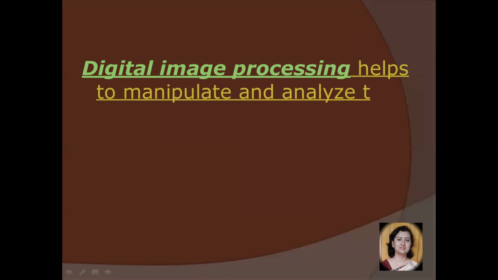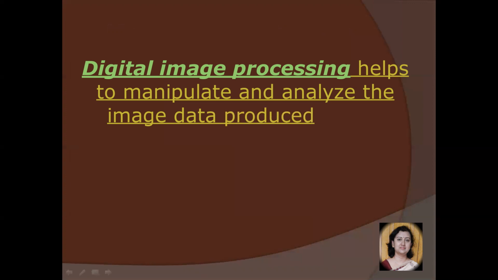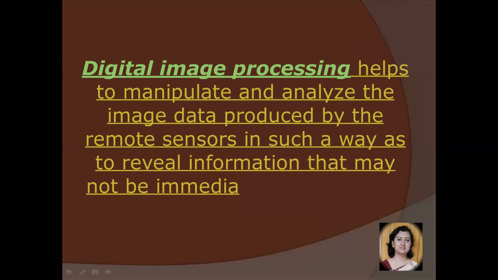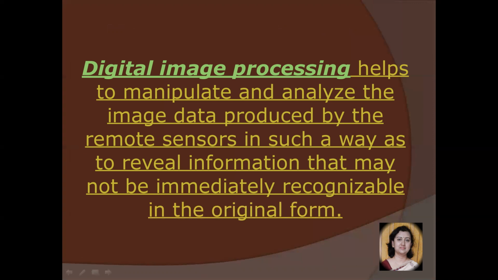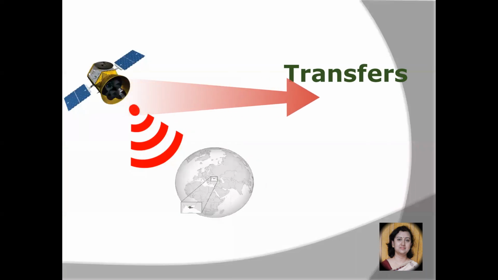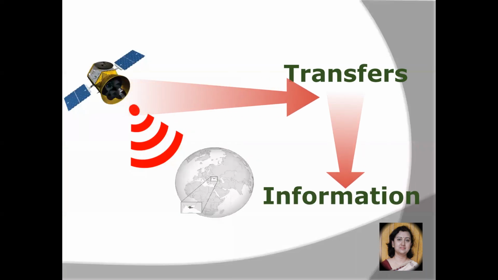Now, this technique helps to manipulate and analyze the image data produced by the remote sensors in such a way as to reveal information that may not be immediately recognizable in its original form. So, remote sensing derived data may be transformed into information using these image processing techniques.